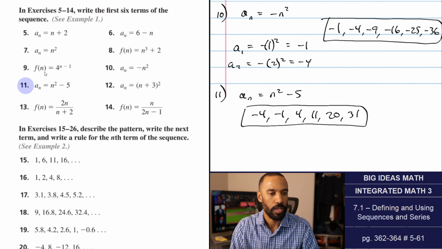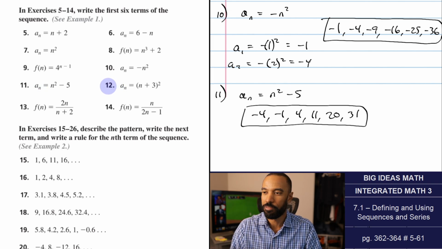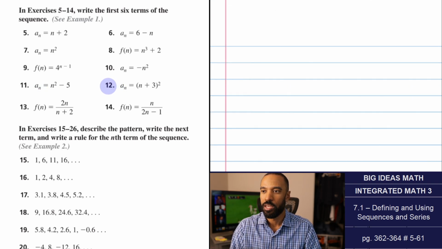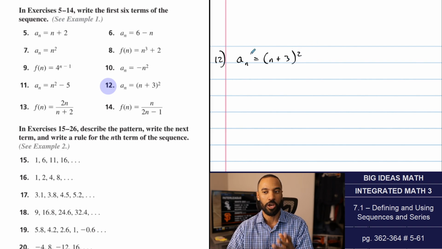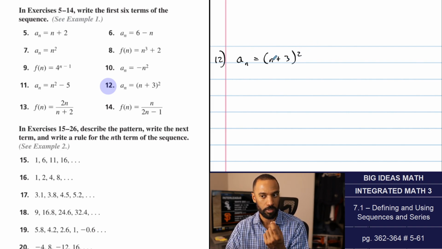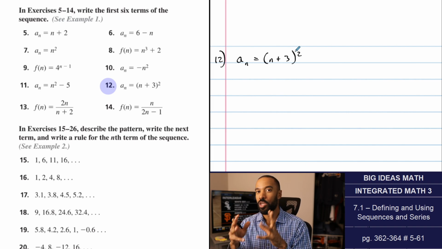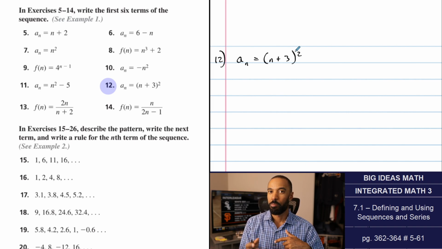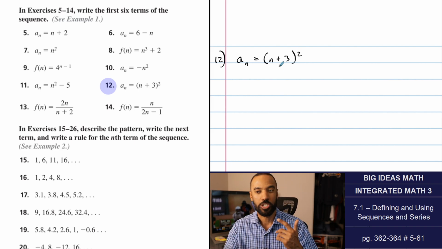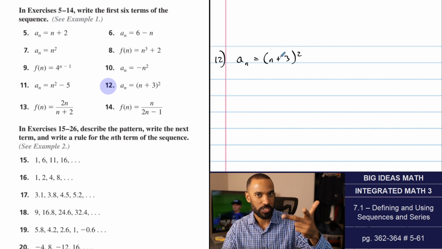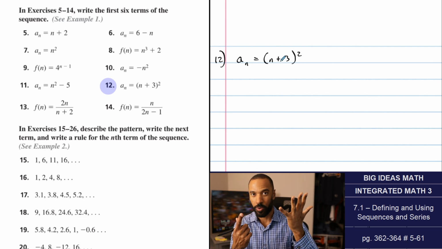All right, number 12, we have n plus 3, quantity squared. So, this can be easier than plugging in each number one at a time. If you notice, you are actually doing the number plus 3 before you square it. So 1 plus 3 is 4, but 2 plus 3 is 5, and 3 plus 3 is 6, etc. We're just doing 4 squared, 5 squared, 6 squared, 7 squared, 8 squared, 9 squared, right?